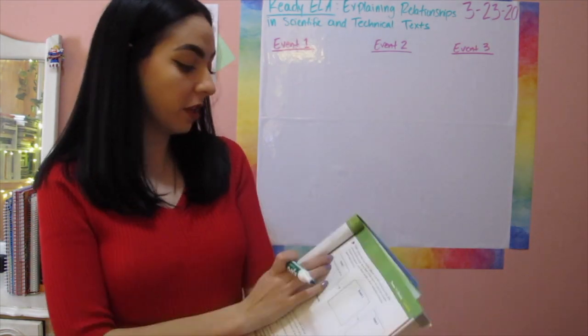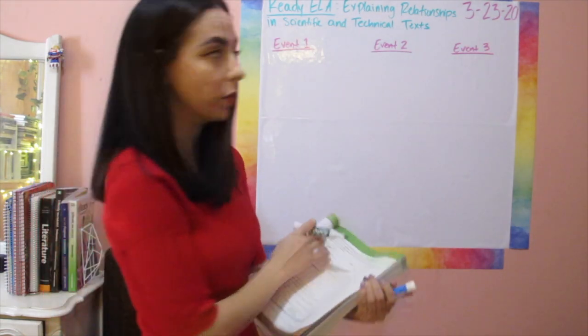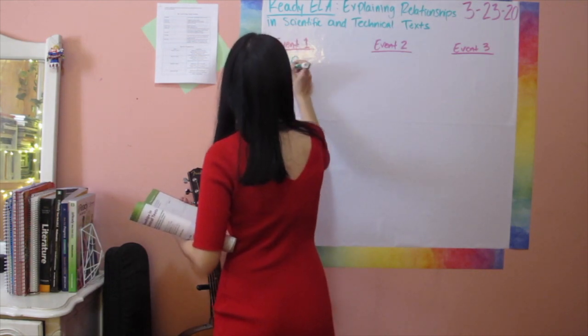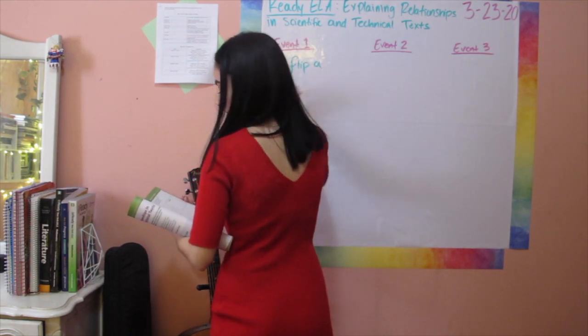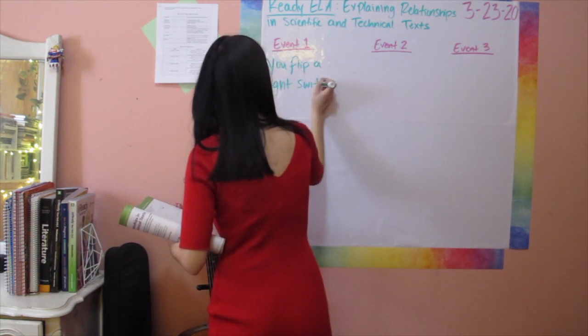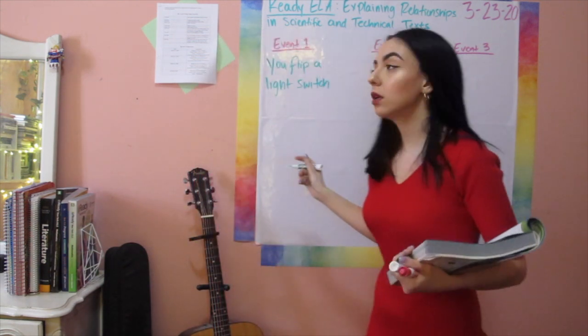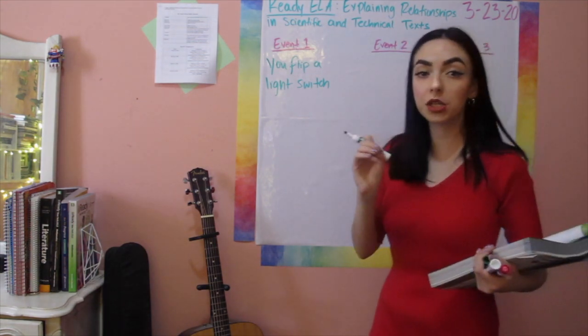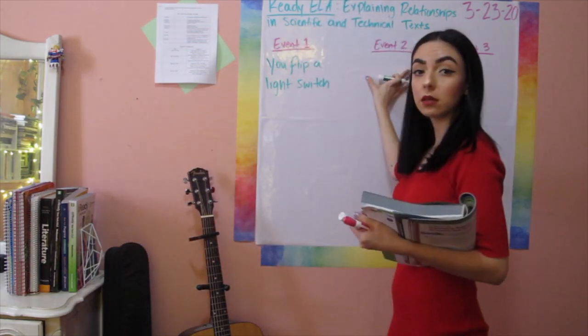So for this first event, we see you flip a light switch. So we're looking for event 2, event 3. Now we're looking for the relationship. So if you read the text carefully, you should know what goes here.